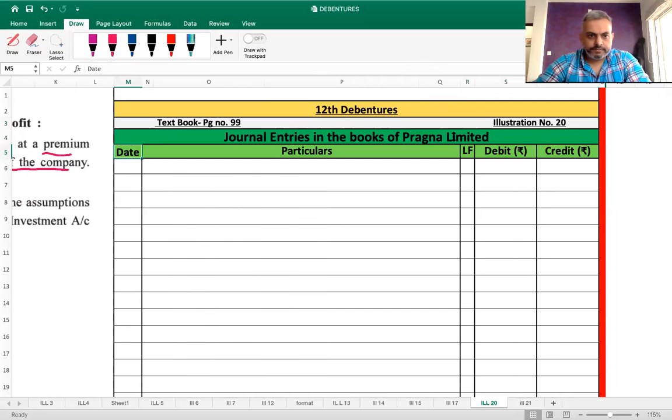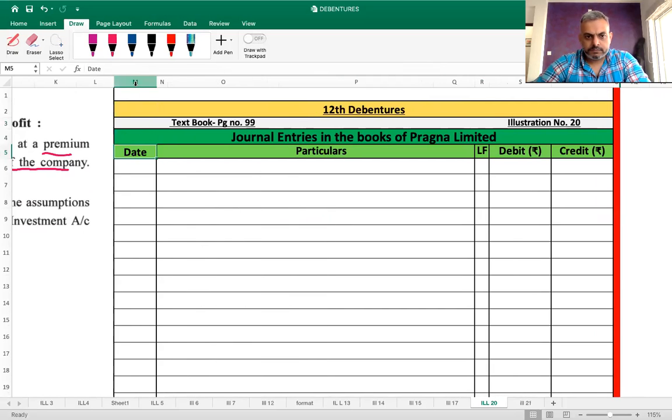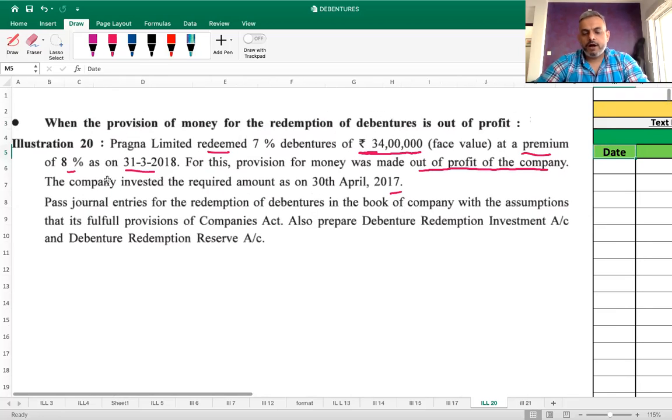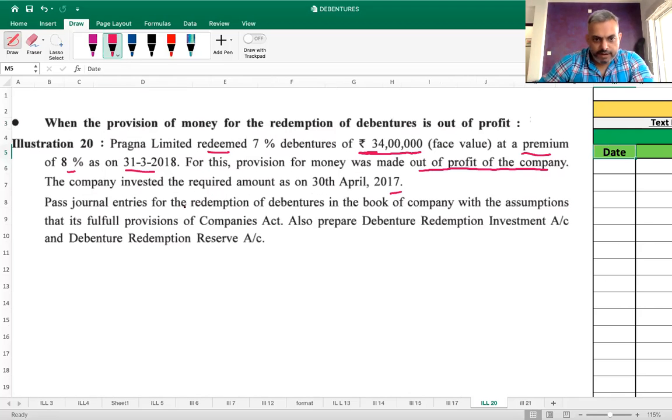Pragna Limited. Now over here we have to write entries only for redemption. You can see over here it is given to pass journal entries for redemption of debentures. So we don't have to pass the entry for issue of debentures, only redemption. So let's proceed.